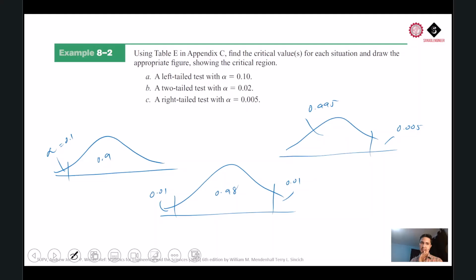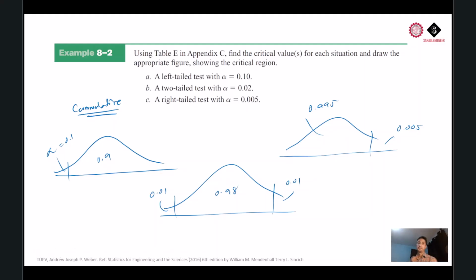So even though the table here is Table E in Appendix C, that's cumulative. Cumulative. Actually, you can still use the Z table that we used in our previous lesson. So I think it's better just to show this.